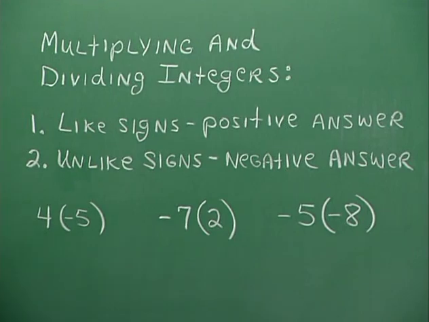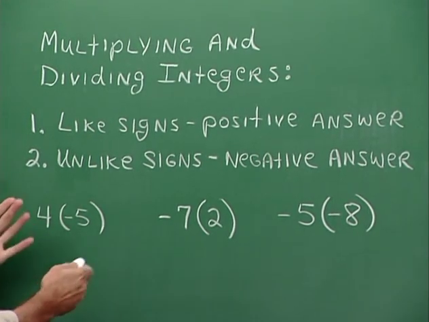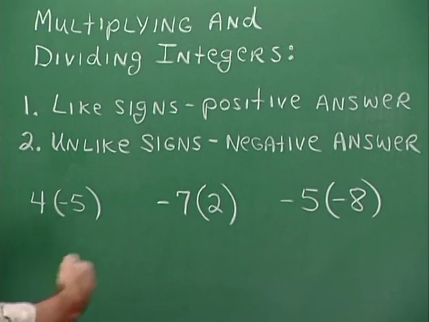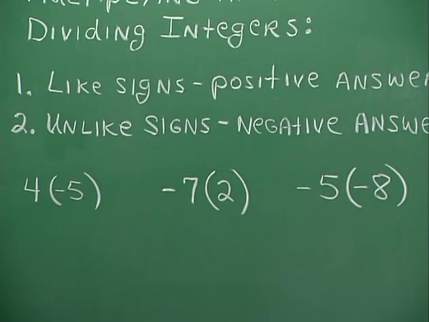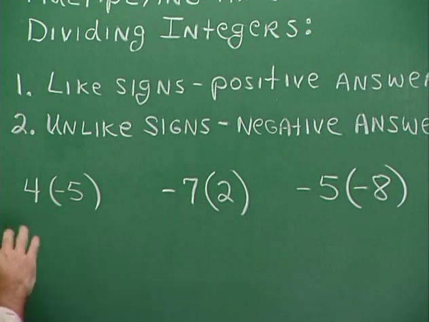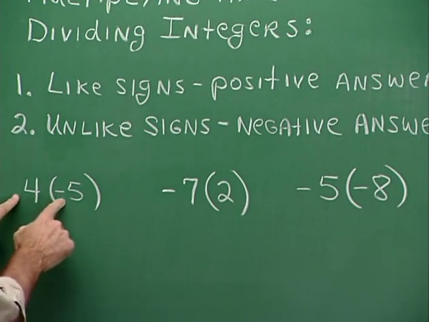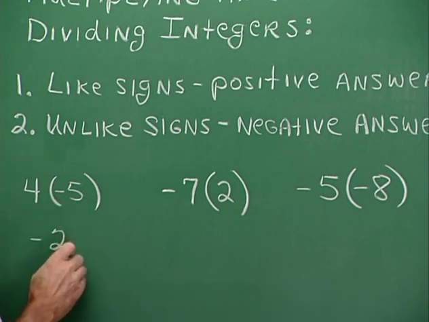Now let's take a few problems here. Now the digit part of the multiplication is exactly the same as it has been since arithmetic. 4 times 5 is 20, so that's no big deal. It's the sign pattern here that we really want to look at, and understood plus times minus is negative 20.